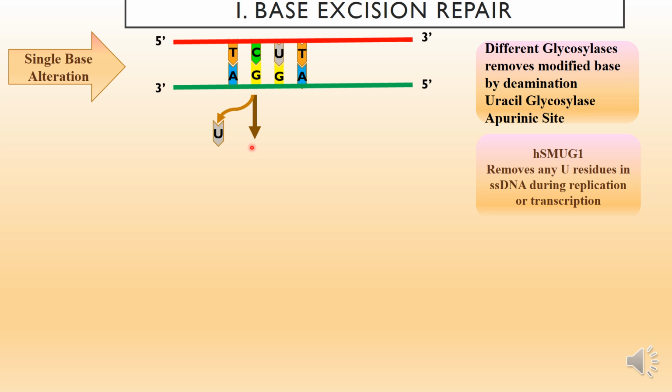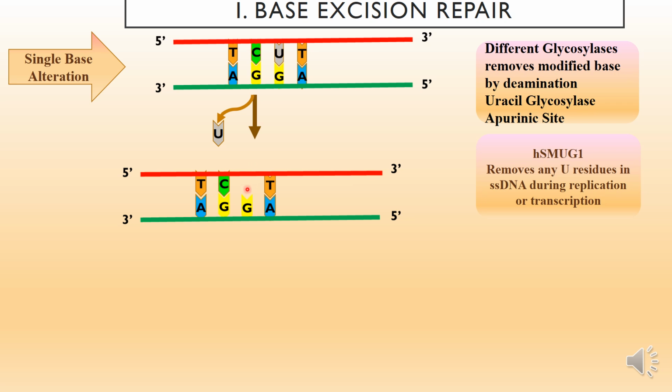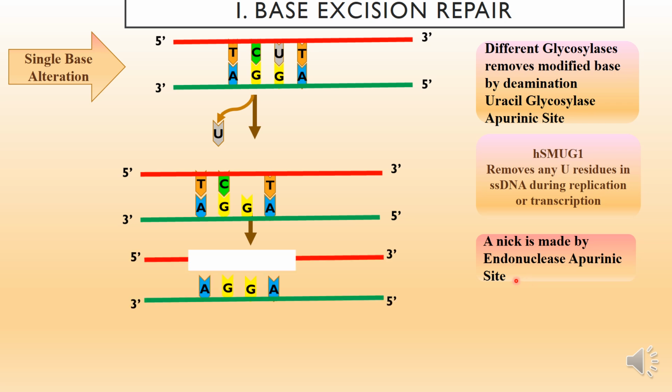Different glycosylases remove these modified bases. The modified base is produced by deamination, and for uracil it is uracil glycosylase. So once this uracil is removed, there is an apurinic site, and this is the apurinic site. And then this apurinic site will be cut. So a nick is made by endonuclease at the apurinic site, and the nearby bases are also removed from here.